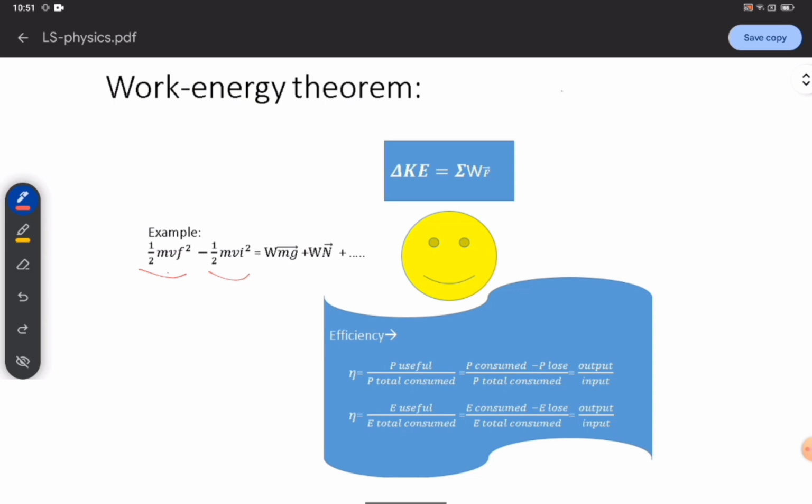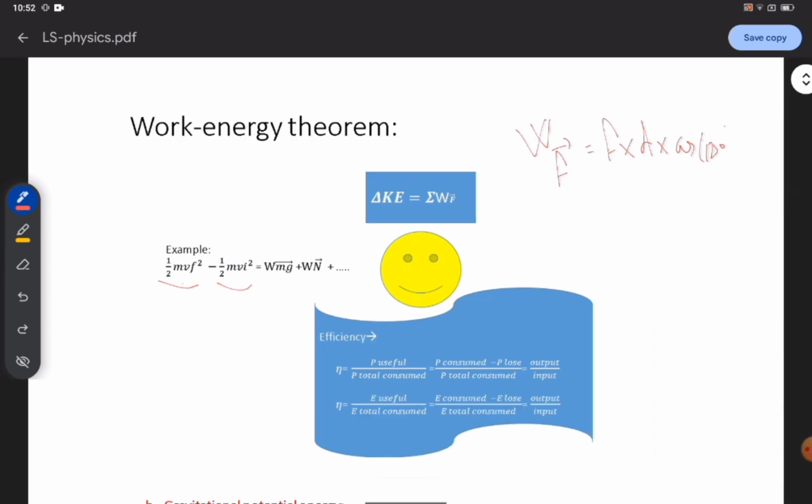The work of friction is always F times D times cosine 180. So W_F equals minus F times D. Then the work of friction is always minus F times D.